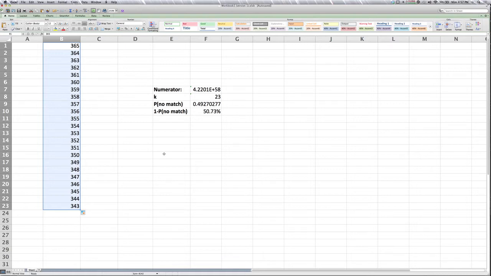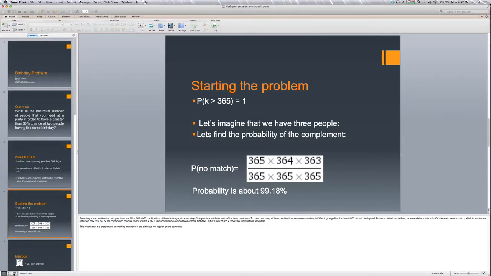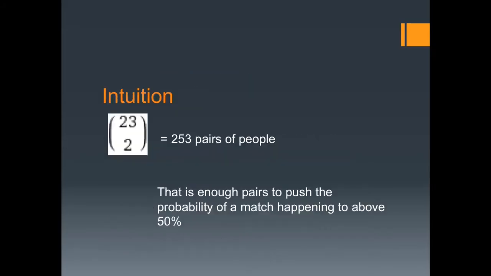And actually the intuition behind that is that with 23 people, when you do 23 choose 2, that's actually 253 pairs of people, which are enough pairs to push the probability of a match above 50%.